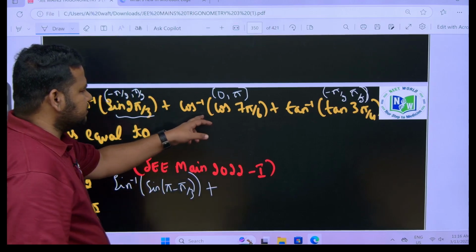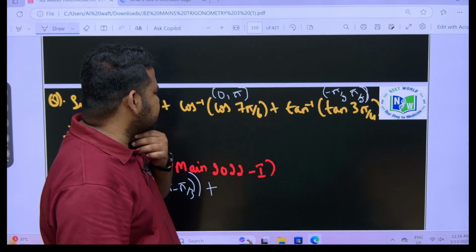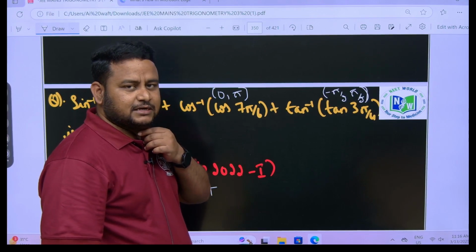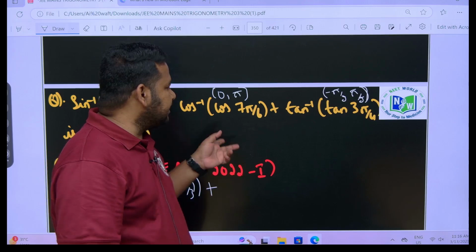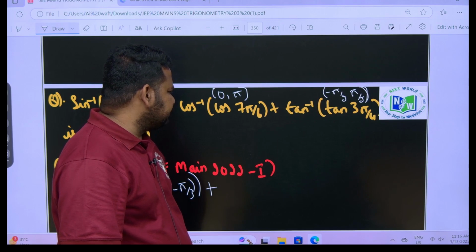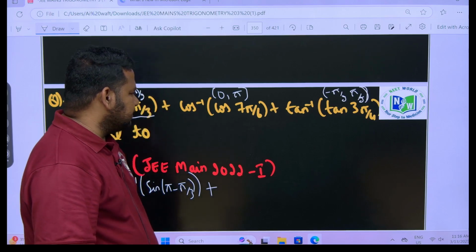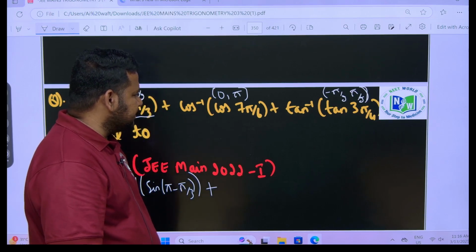Next, cos inverse of cos of 7 pi by 6. 7 pi by 6 is what, friends? It is nothing but 210 degrees. I can make it 180 plus 30, but that is not required. That is going out of the range, it is going above pi. So to bring it within pi, what can I do?